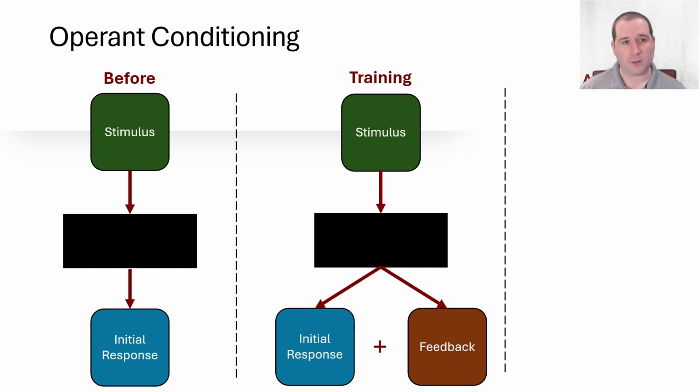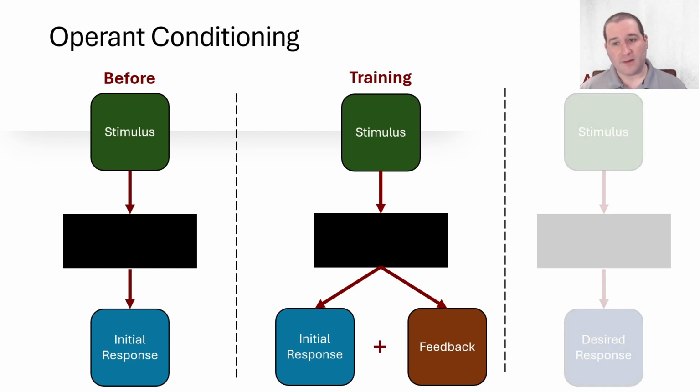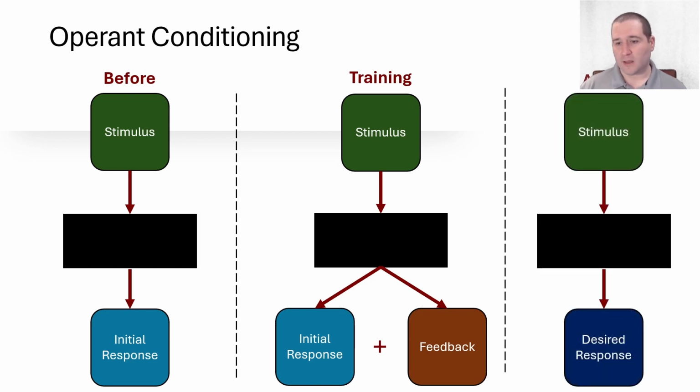You're going to keep learning what you did right and wrong. And eventually, after training, you'll be able to see the stimulus and act out the desired response. So this is operant conditioning, where we're getting feedback after the fact.